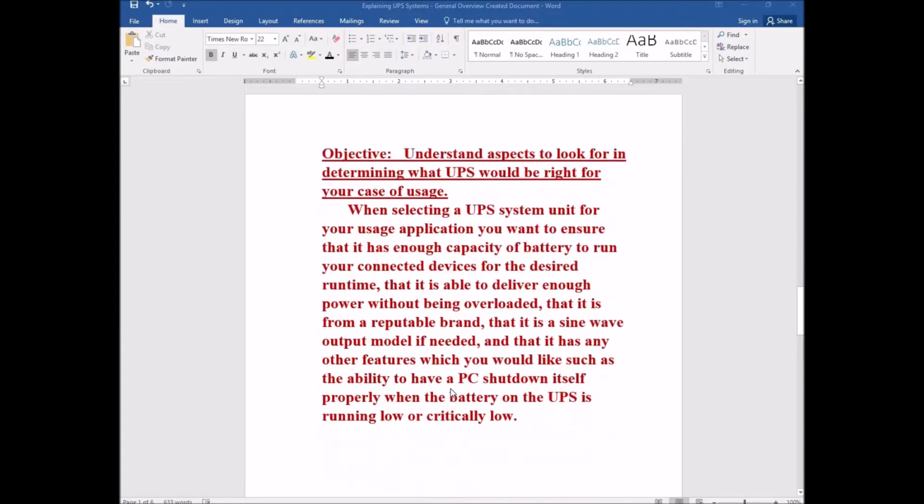Our next objective is going to be to understand aspects to look for in determining what UPS would be right for your usage case.